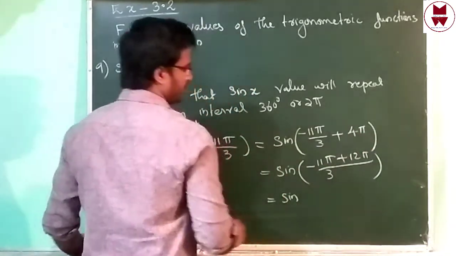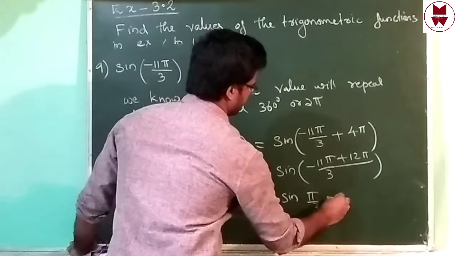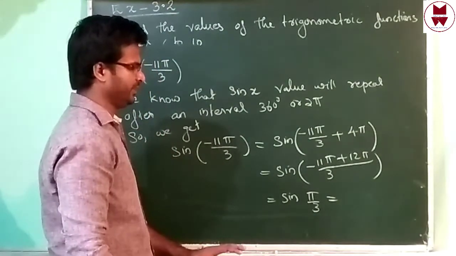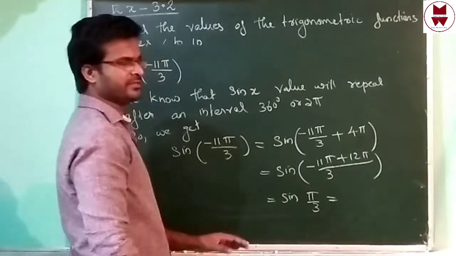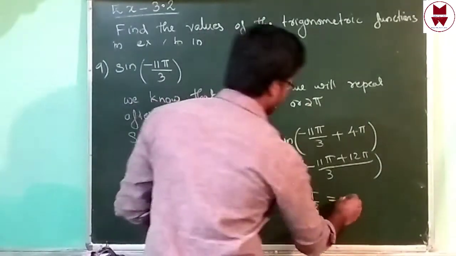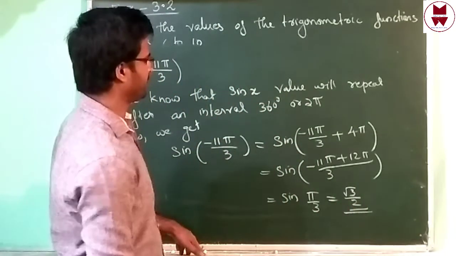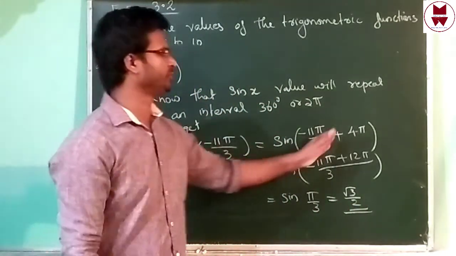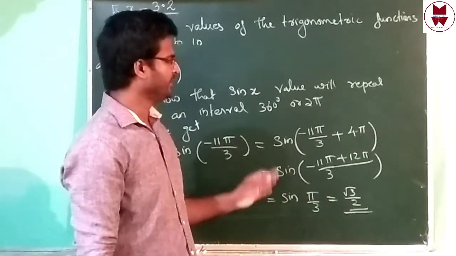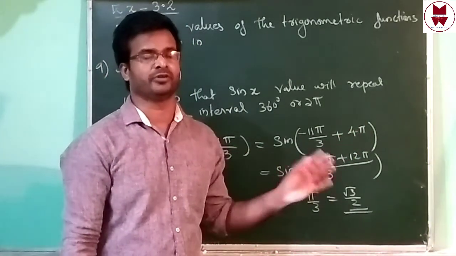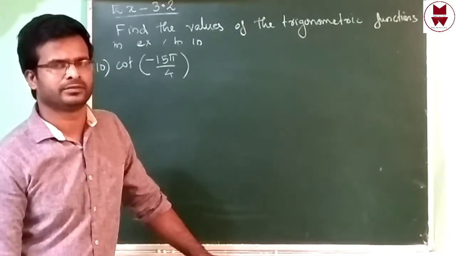Sin 12 pi minus 11 pi, you will get pi by 3, equal to sin pi by 3. What will be the value? Sin pi by 3, that means sin 60. Sin 60 is root 3 by 2. In case they give a negative number, you have to add one number. In case they give a positive number, you have to split. That's the difference. Then question number 10.